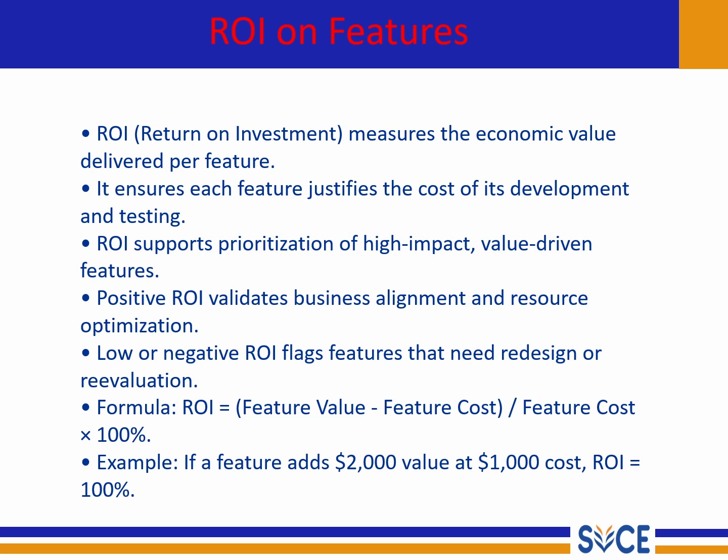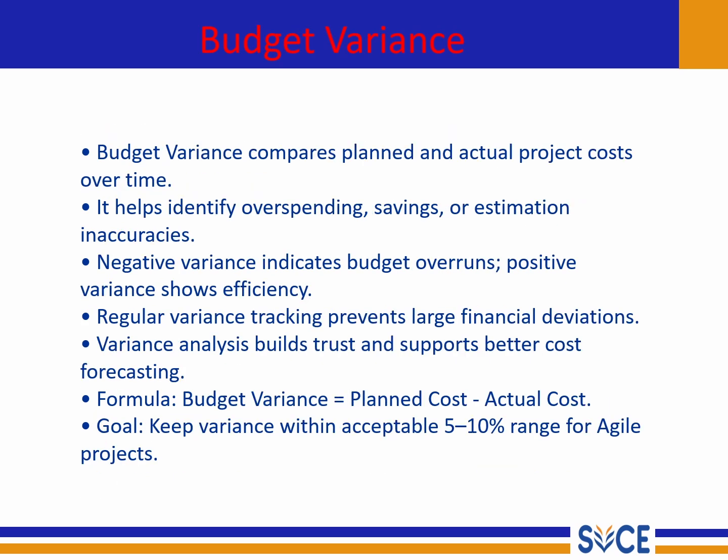For the return on investment, the formula is feature value minus feature cost, divided by the feature cost, into 100%. For example, if a feature adds $2,000 value at a cost of $1,000, the return on investment is 100%. In the next slide, we will see the budget variance.